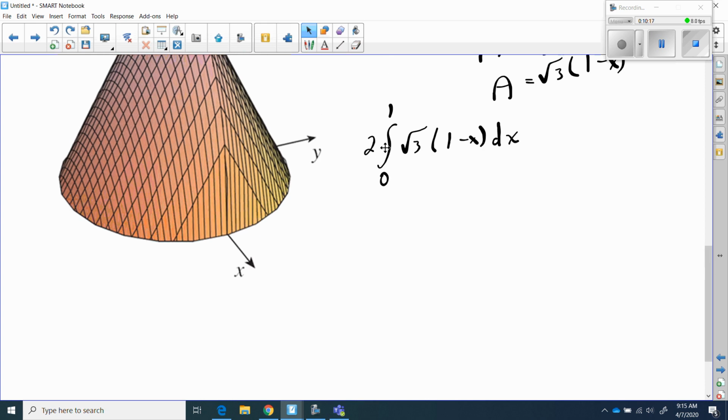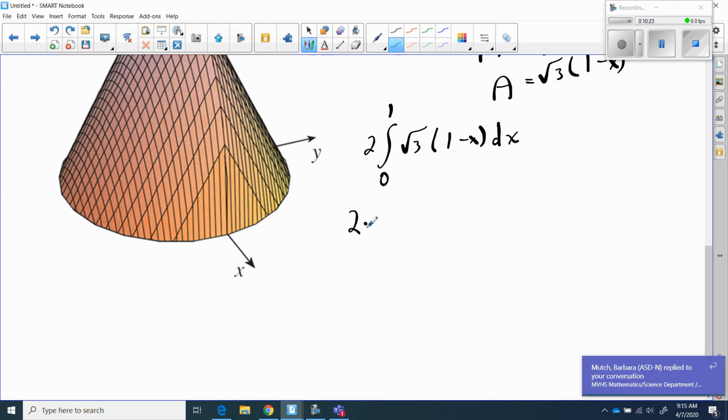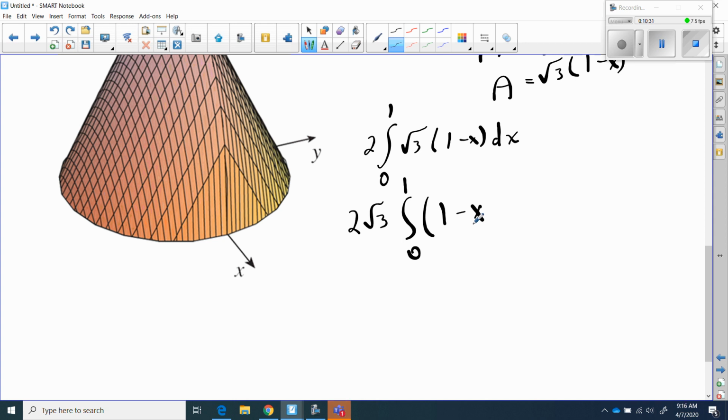So I've got radical 3 times 2. So out front here, I'm going to have 2 radical 3, integrate from 0 to 1, 1 minus x dx.